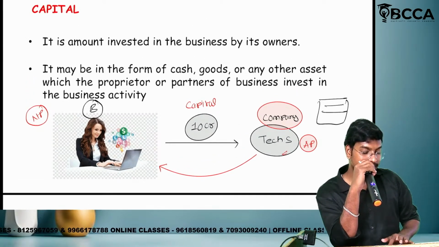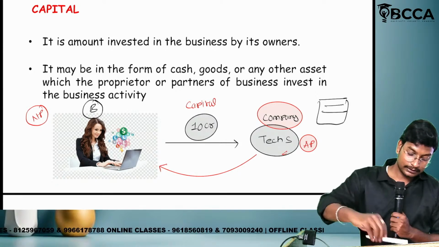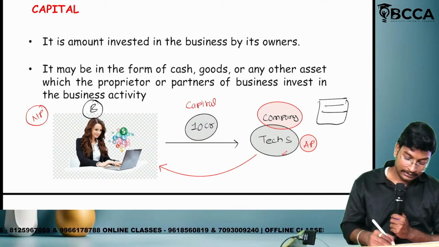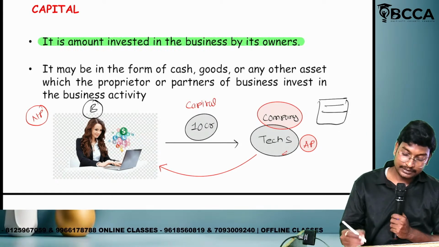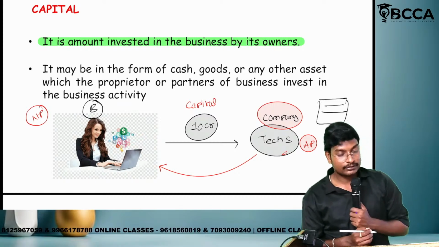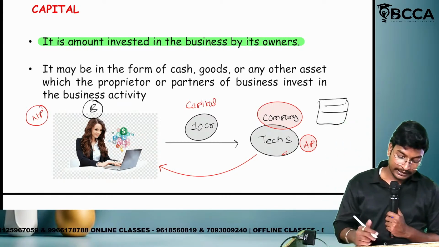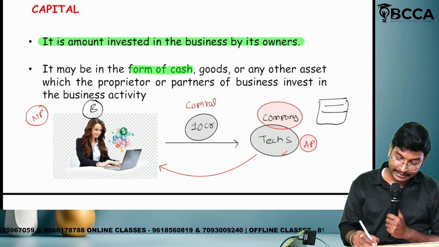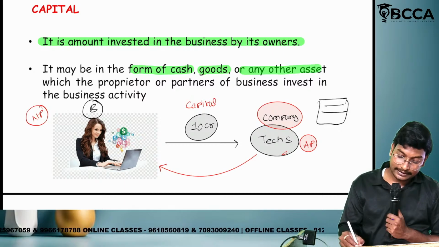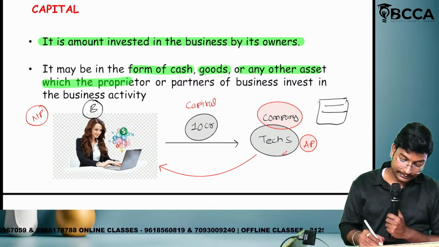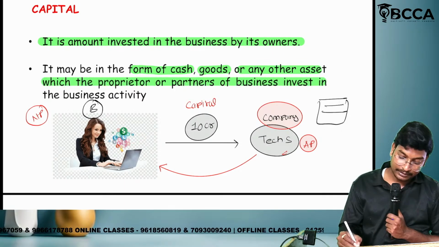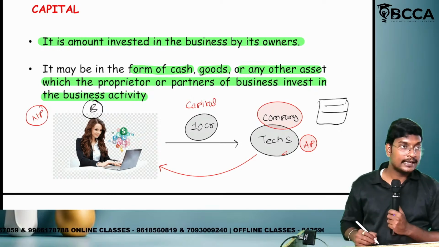So once again, it is an amount invested in the business by its owner, called what? Capital. It may be in the form of cash, goods, or any other asset which the proprietor or the partners of the business invested in the business activity.